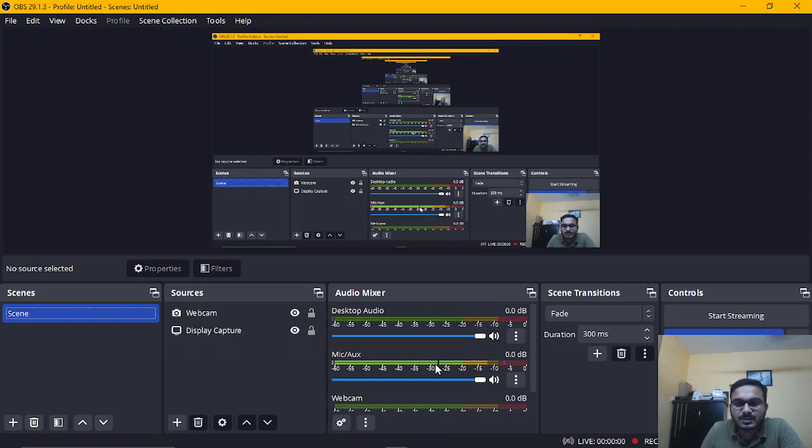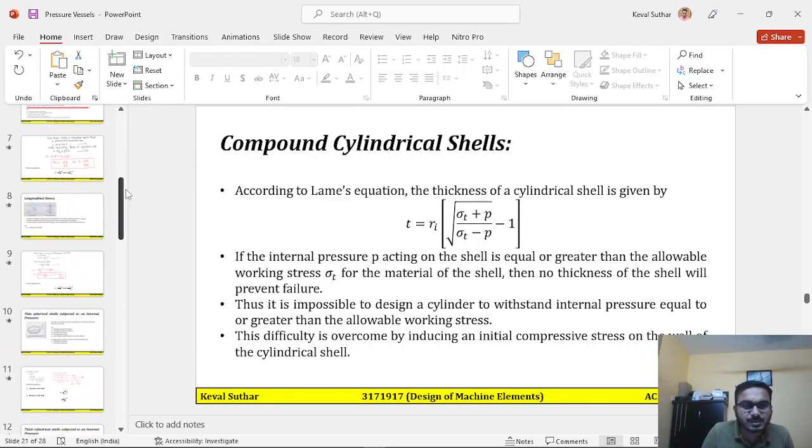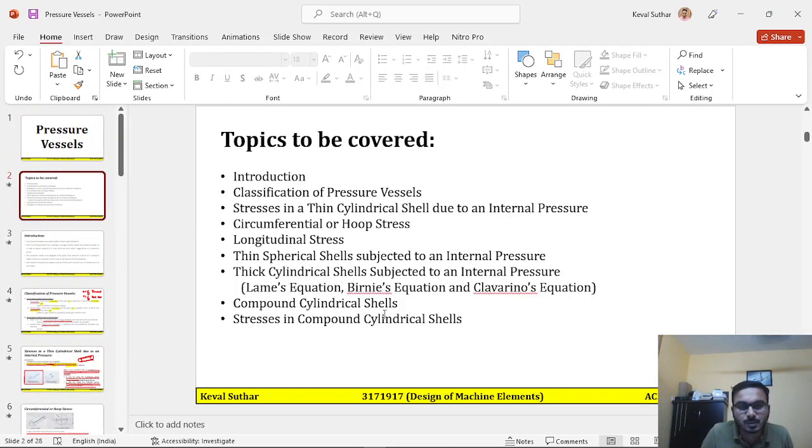So that is the end of our third lecture, and we will now move to the compound cylinders, which is our last topic of this chapter, compound cylindrical shells. As you can see, how many topics we have already covered.